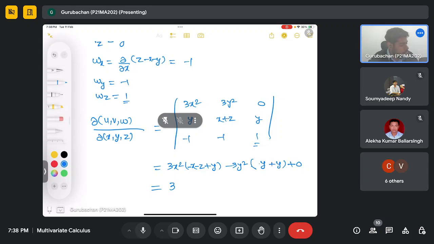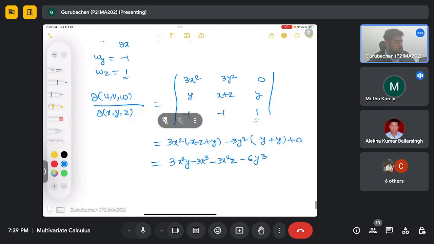Okay. So this will give us 3x square y minus 3x cube minus 3x square z, and this will give us minus 6y cube. Expansion is different.